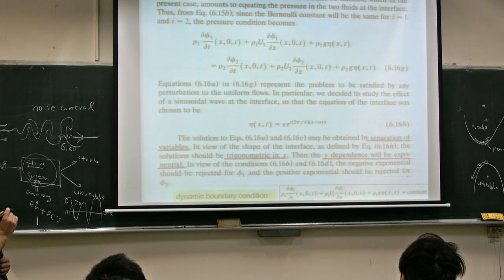And I also evaluate this dynamic boundary condition with phi2 from the flow field above the interface to evaluate this boundary condition at the interface.